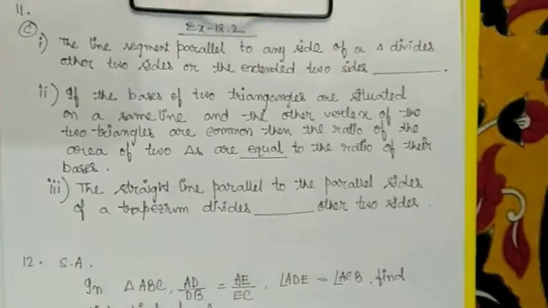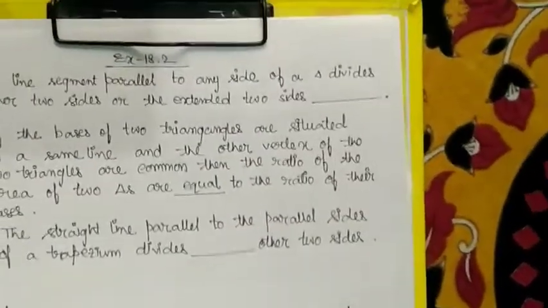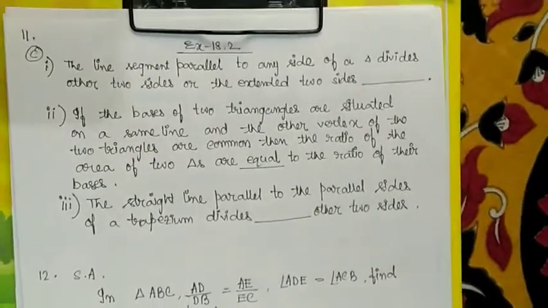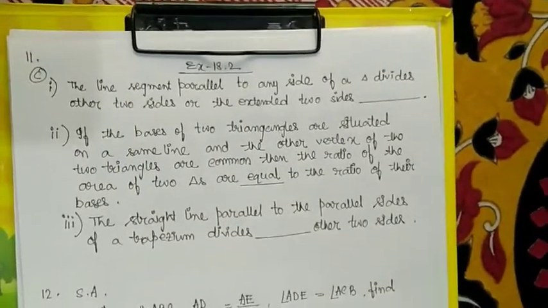Now the first question is, the line segment parallel to any side of a triangle divides the other two sides or the extended two sides.